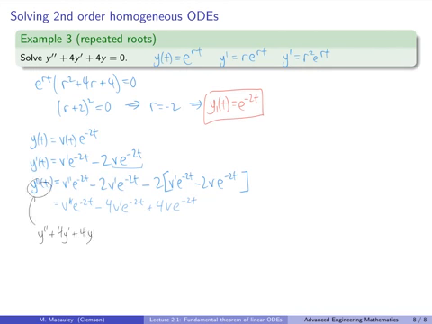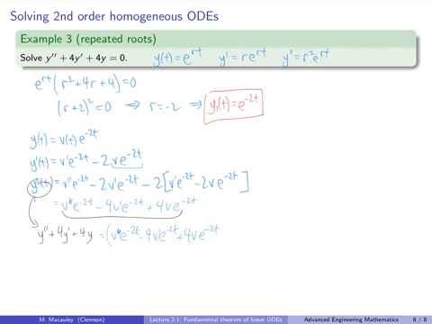So this goes right there. So in other words, this thing goes right there. So this is equal to v double prime e to the minus 2t minus 4 v prime e to the minus 2t plus 4 v e to the minus 2t.